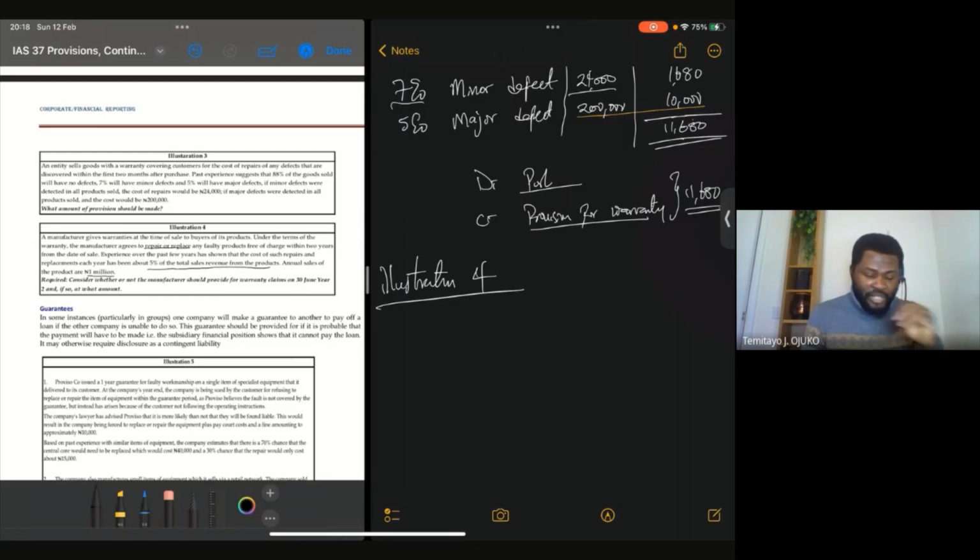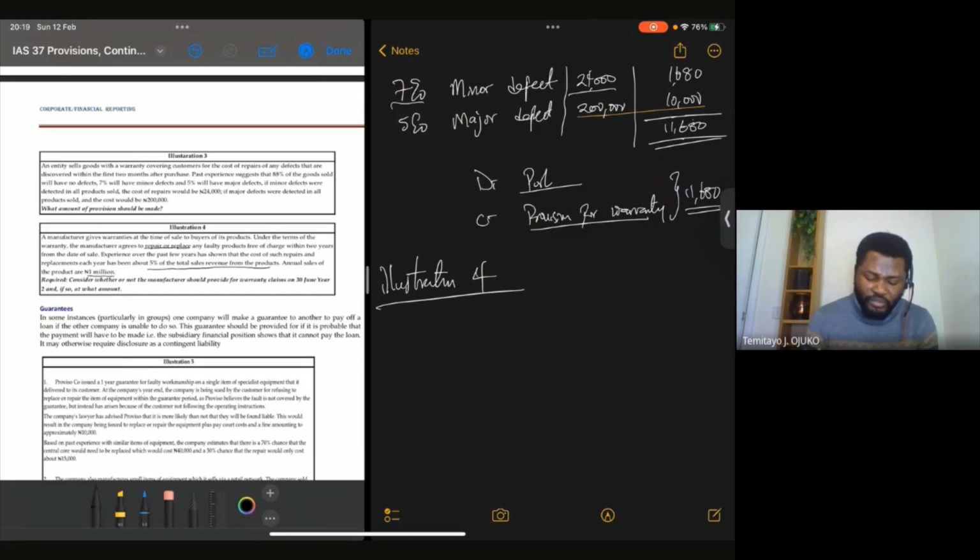Then what is the amount? Experience over the few years has shown that the cost of such repairs and replacement each year is so we've been told that over the years, for the total number of people that come, the eventual amount that we incur is always 5% of the sales value.